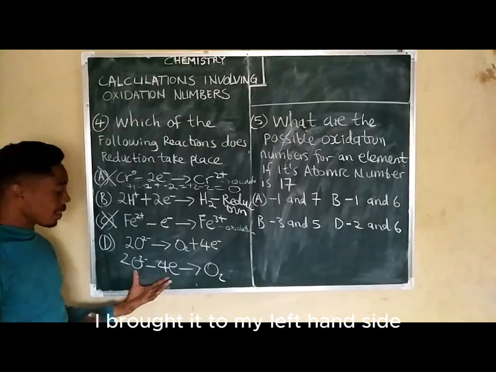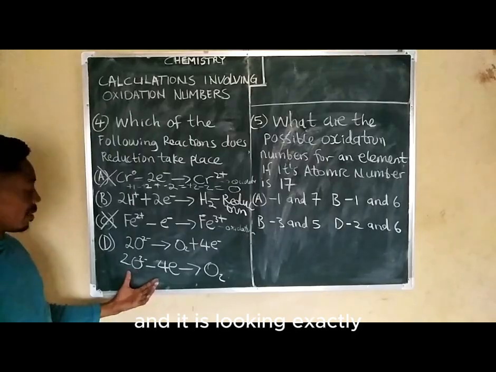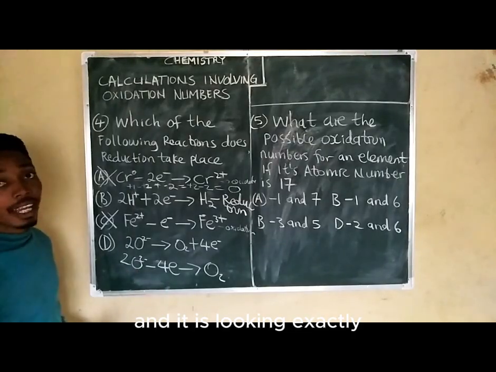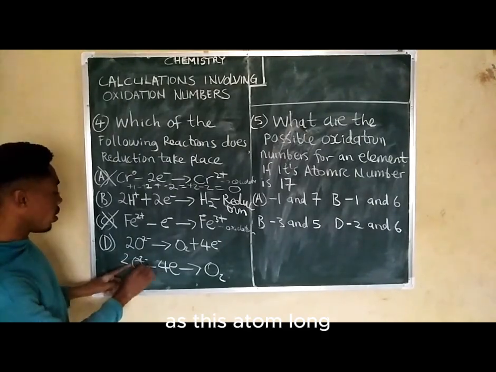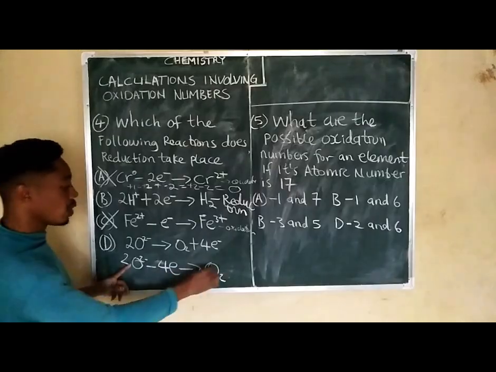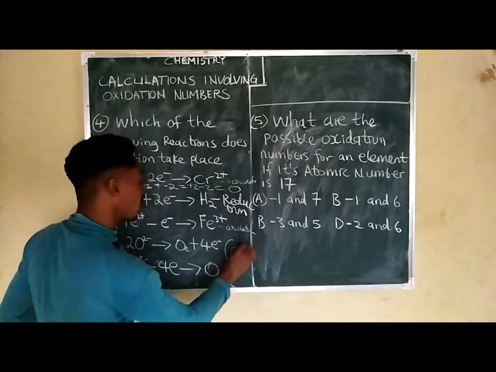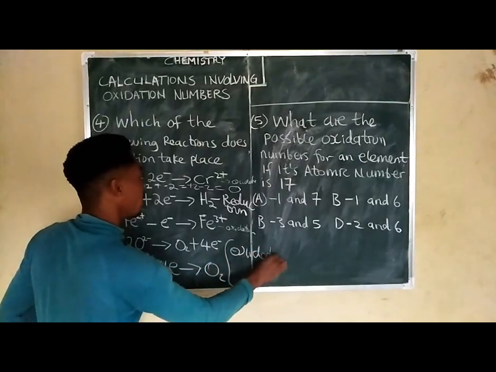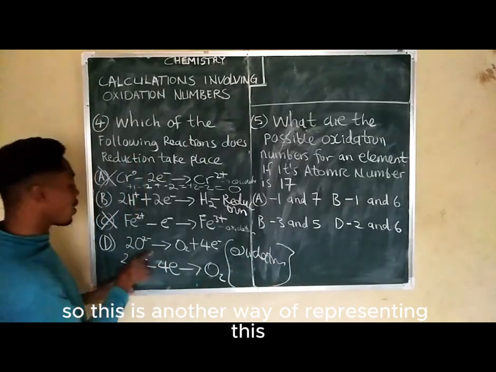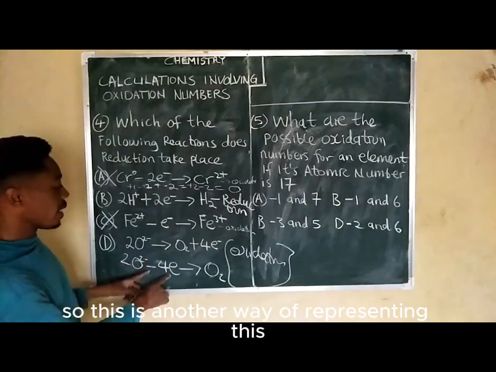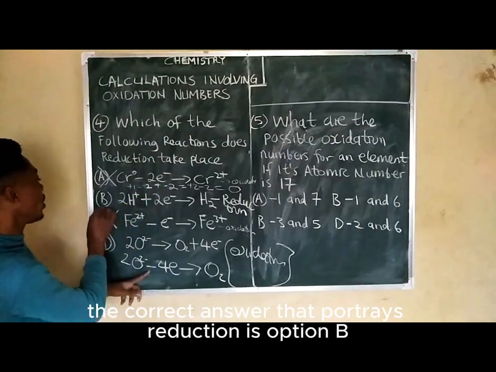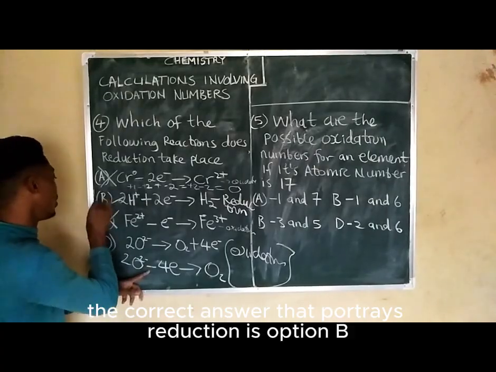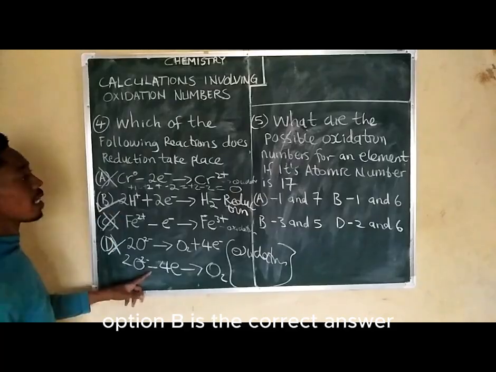I brought it to my left hand side, and it is looking exactly as this atom lost electrons. So this is also oxidation. So this is another way of representing this. So the correct answer that portrays reduction is option B. Option B is the correct answer.